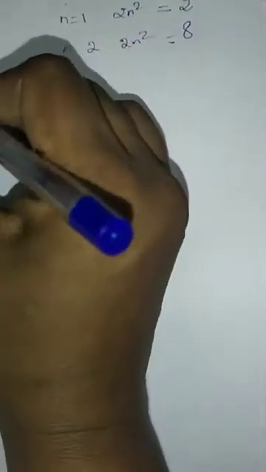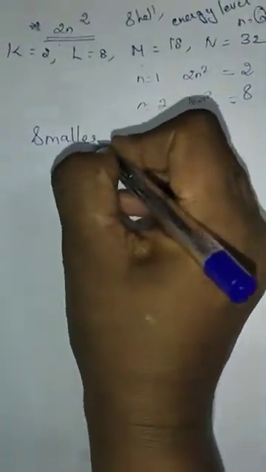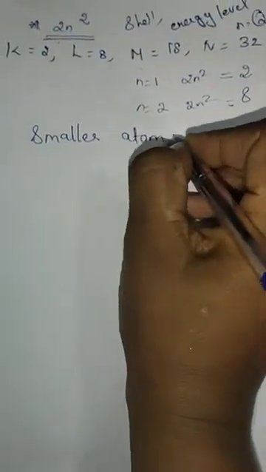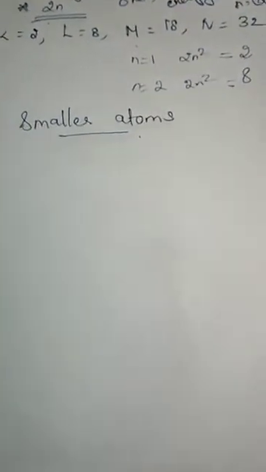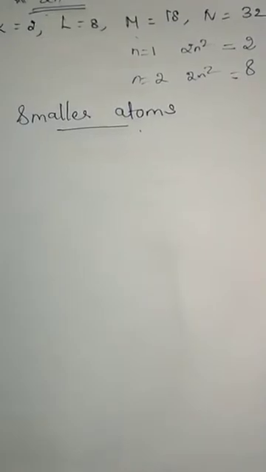Like this, K is 2, L is 8, M is 18, and N is 32. So K can hold 2 electrons, L 8, M 18, and N 32. Based on this, we are going to write the electronic configuration for smaller atoms. In the next class, we will study higher elements.